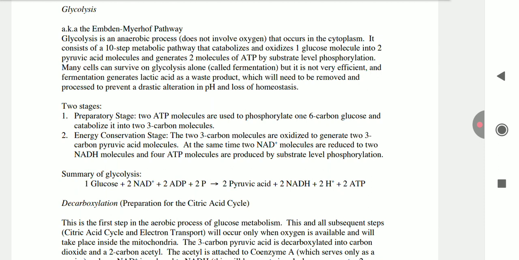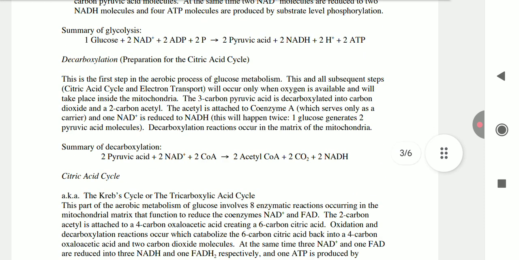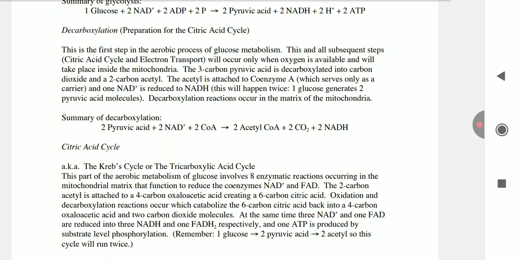Decarboxylation: preparation for the citric acid cycle. This is the first step in the aerobic process of glucose metabolism. This and all subsequent steps will occur only when oxygen is available and will take place inside the mitochondria. The 3 carbon pyruvic acid is decarboxylated into carbon dioxide and a 2 carbon acetyl.